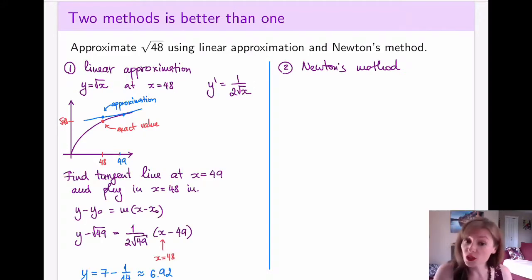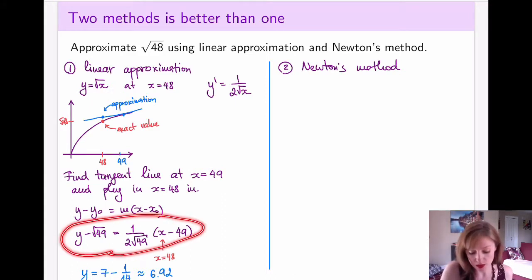Okay, so this is what you should have gotten. Notice that again, we're using our general equation for the line, but in order for us to be able to plug things in, I also have to compute the derivative of my function at the point. So here's where I am using 49 as the point where I'm computing the equation of the line at.